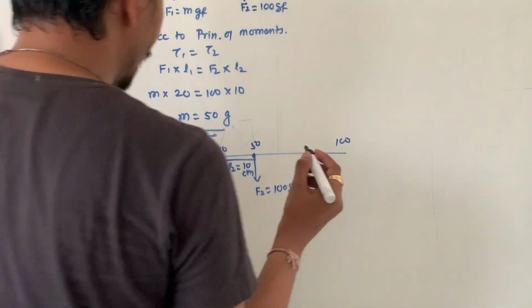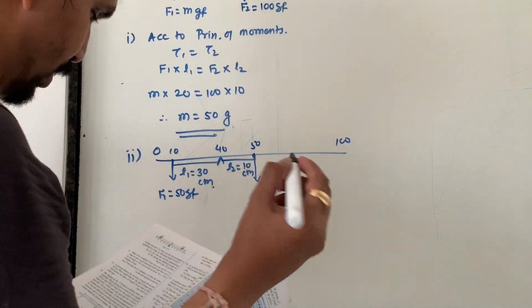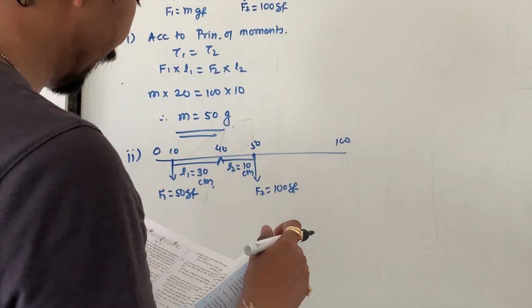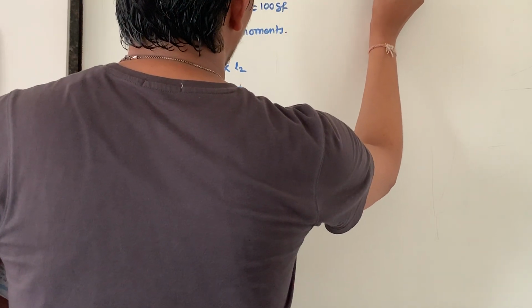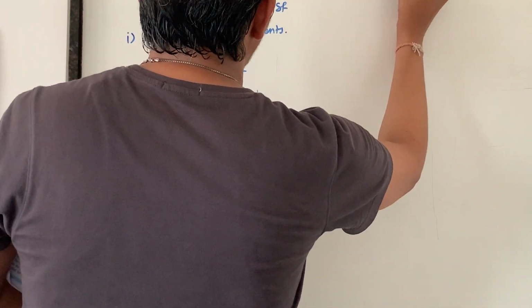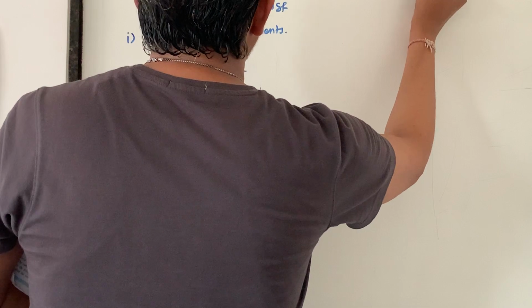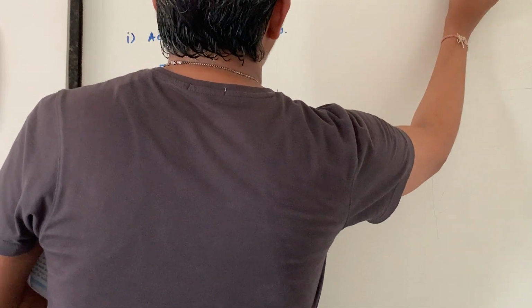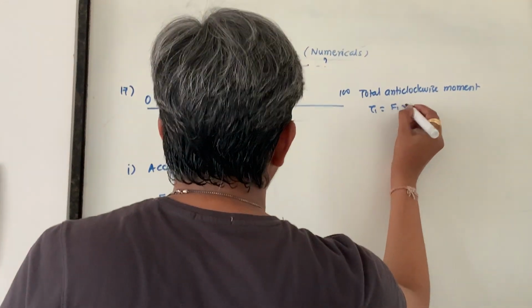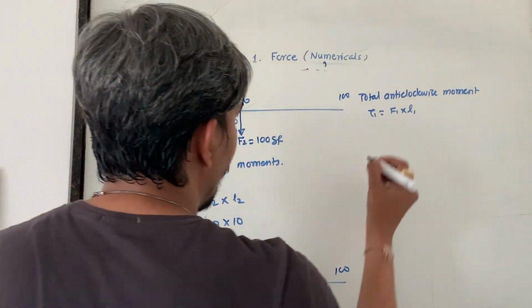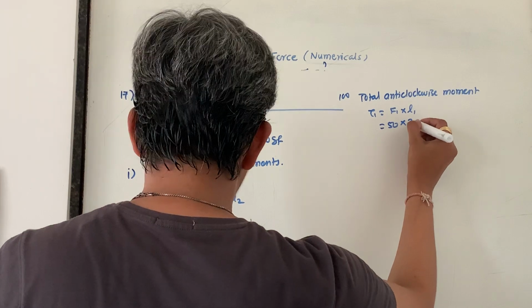So you have to first find the total anti-clockwise moment, the total clockwise moment, and then the difference, right? So right here, the total anti-clockwise moment is your torque 1, which is F1 into L1. F1 is your 50, L1 is your 30.